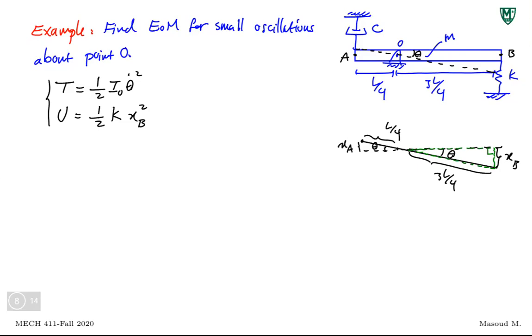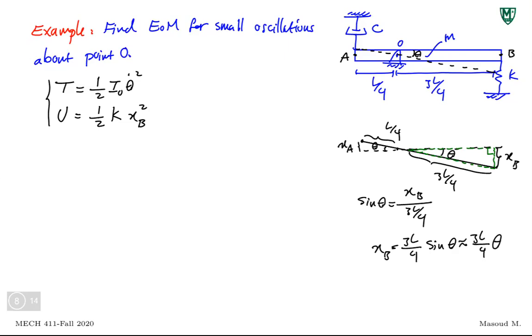Sine theta is XB over 3L/4. Exactly. So sine theta, thank you, is equal to XB over 3L/4. So XB is 3L/4 sine theta. And we're talking about small oscillations, so 3L/4 theta.